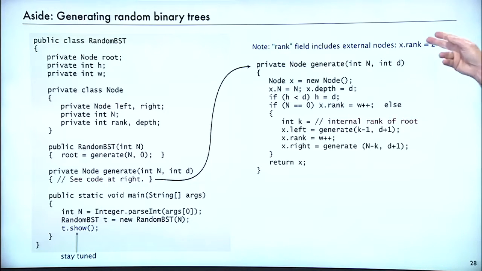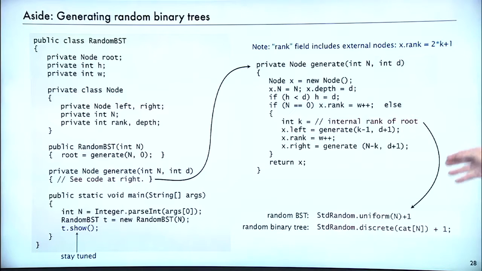In this case, to make the trees look good, I actually included the invisible external nodes in the rank field. The point of this is to show there are a lot of similarities, and I use this same code to generate both kinds of trees. The only difference is for random BST, I uniformly choose the value of that rank, and for a random binary tree, I went to that Catalan distribution to use it.